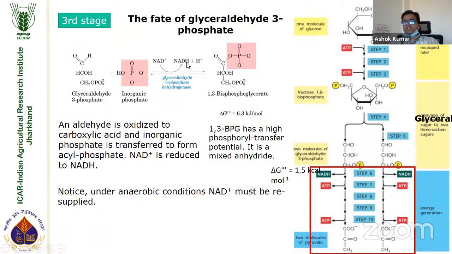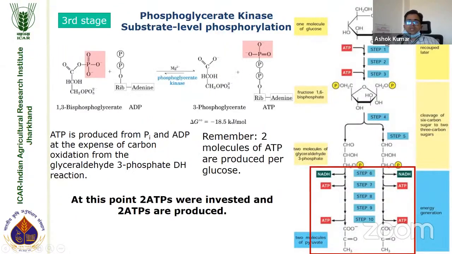This NADH is the reducing equivalent produced in the glycolytic pathway, which will be oxidized in the oxidative phosphorylation process in mitochondria. So this is the first reducing equivalent formed in the glycolytic process.